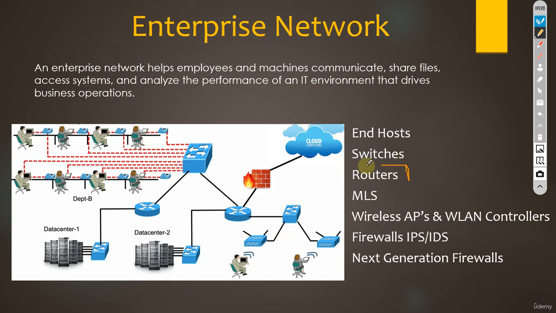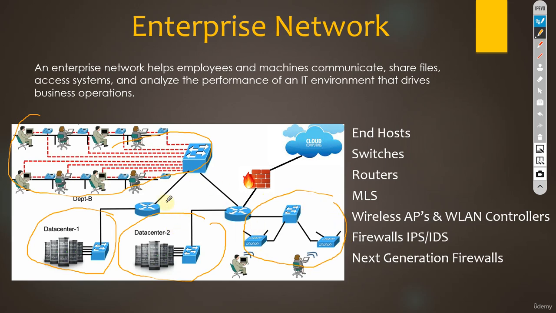Then we have routers. We also talked about the router in our previous slides, that the basic idea of a router is to connect multiple networks. As you can see, how many networks do we currently have here? We have this one network, then this second network, then this third network, and then this fourth network.